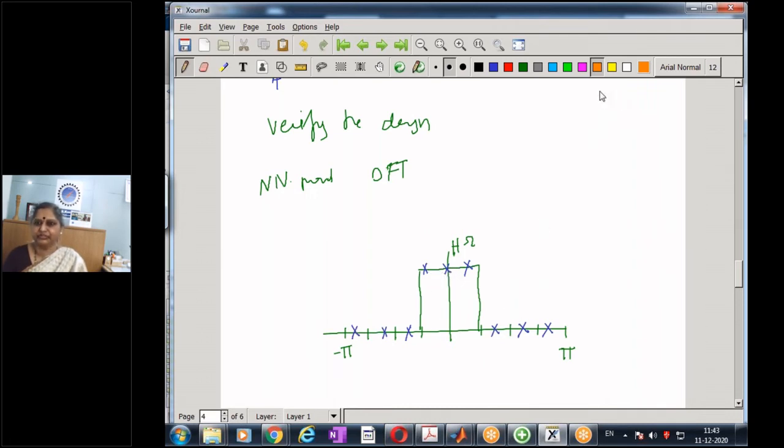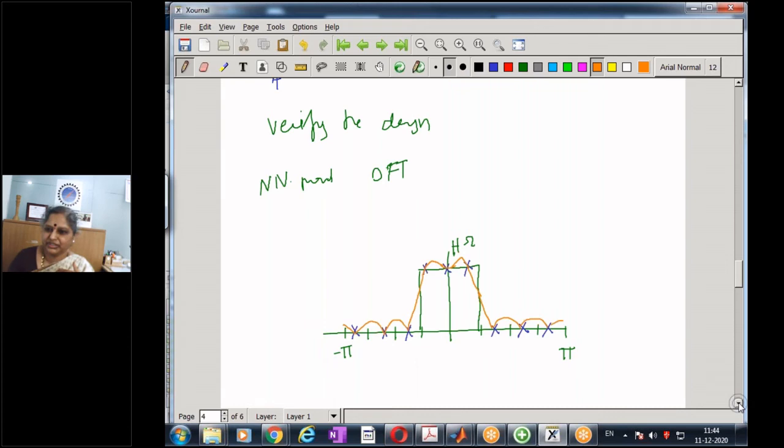This was our ideal low pass filter. We took samples and then designed the filter, and after designing the filter we have now tried to get this. It actually goes down, but since we are plotting the absolute value, it goes like this. So what do we observe?